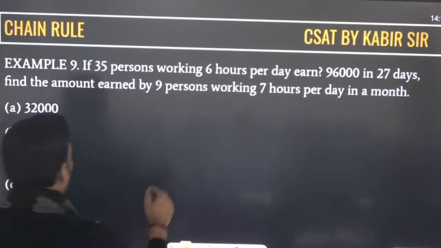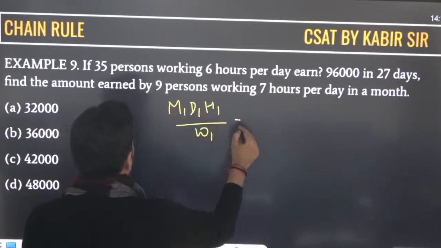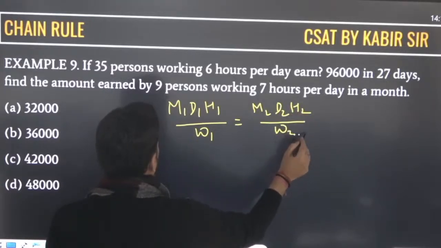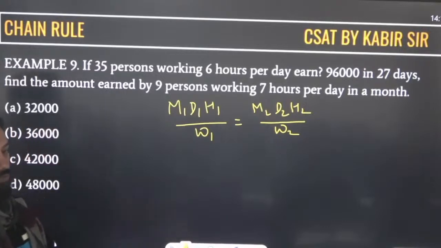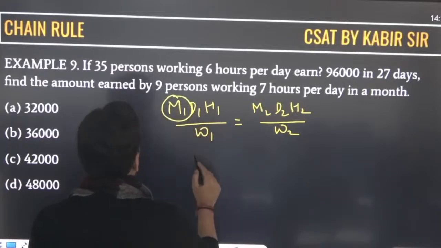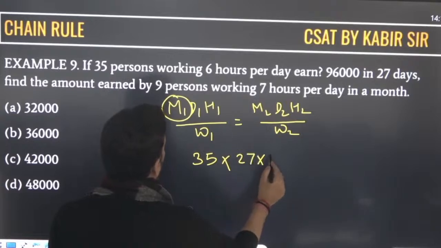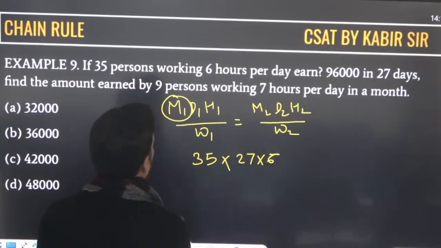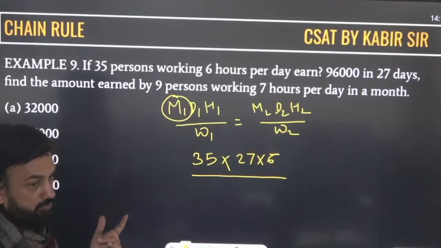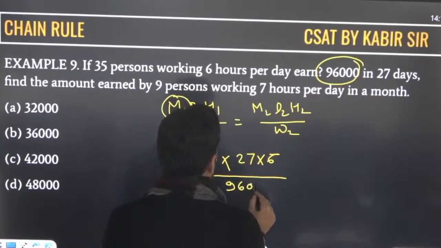This question also again we will use the same formula, M1 D1 H1 upon W1 equal to M2 D2 H2 upon W2. Here M1 is 35. They work 27 days, 6 hours. And here they have given the earning. They are earning this much amount. This is equal to work. So 96,000 they are earning.